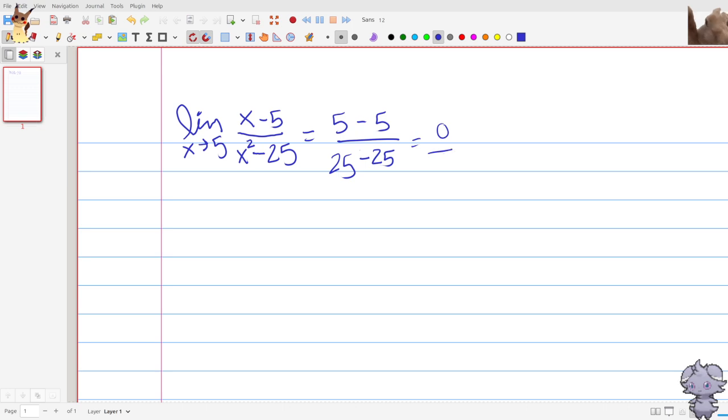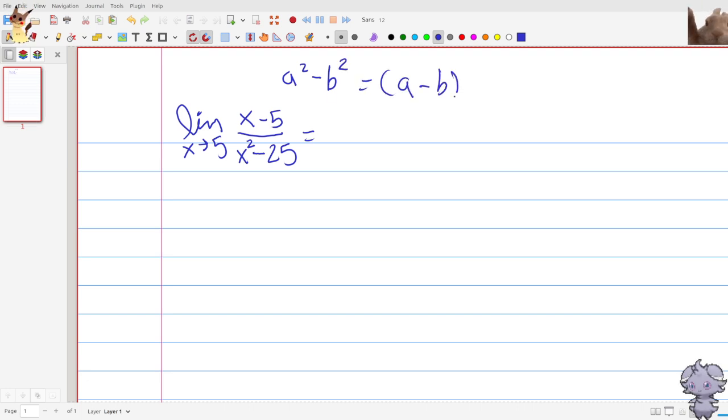So we get 0 over 0, and that is the problem. We can't divide by 0. So let's see what we do. We need to factor it or manipulate it algebraically to make it an equivalent expression that doesn't have an issue. Looking at the denominator, a squared minus b squared gives us a minus b times a plus b.